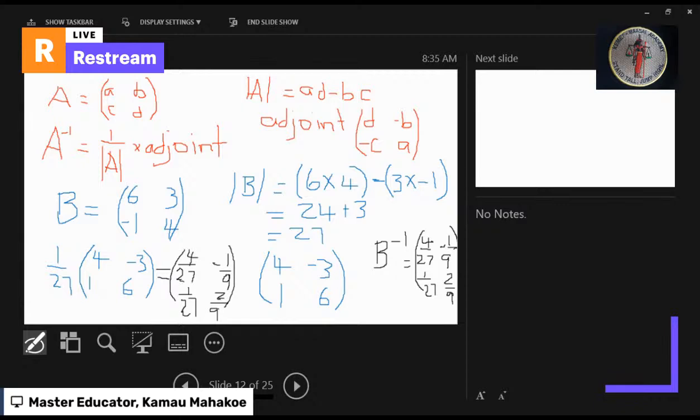So we know that in order to find the inverse, we have to find the determinant, put 1 over it, find the adjoint, and multiply. So 1 over the determinant times the adjoint. And we did that, and we ended up with the inverse. So let's do a couple more for practice.